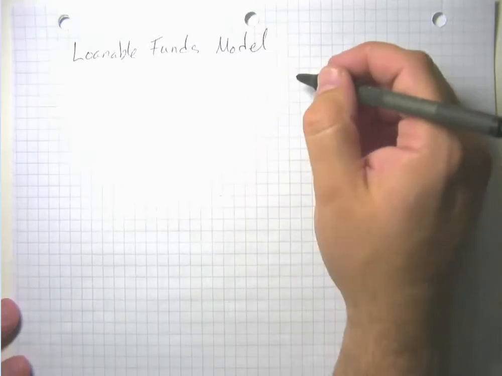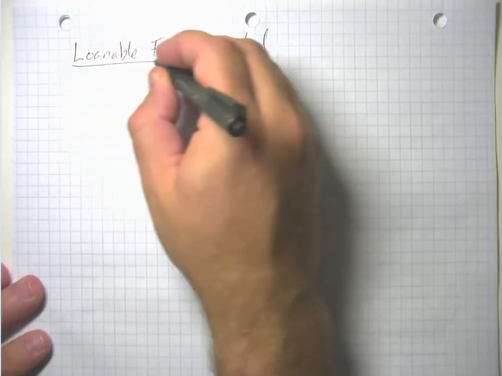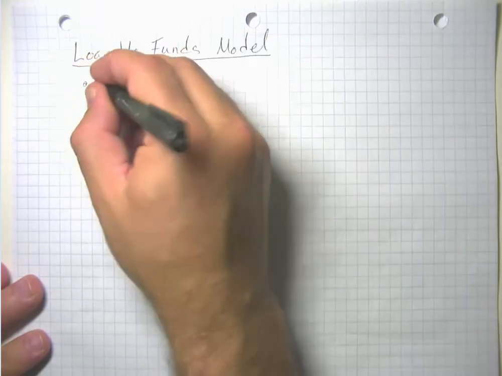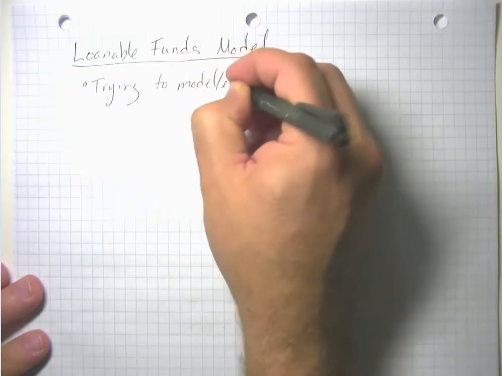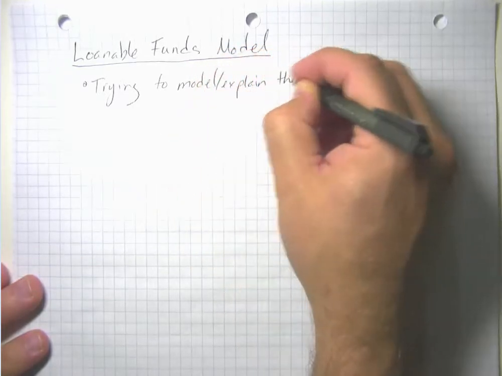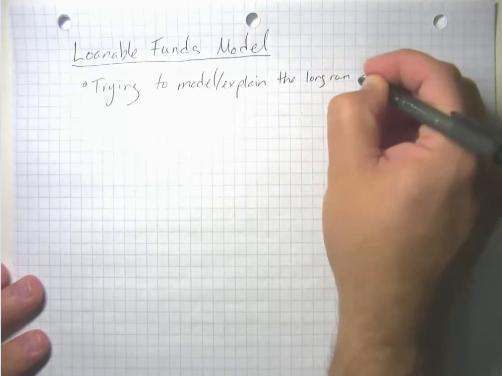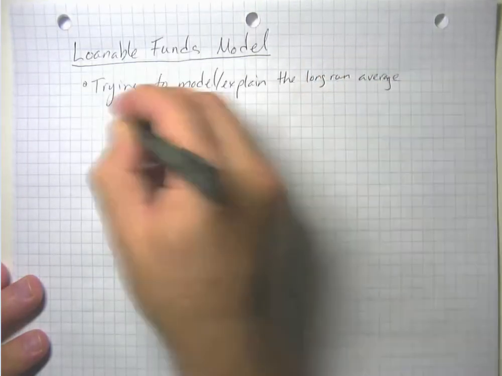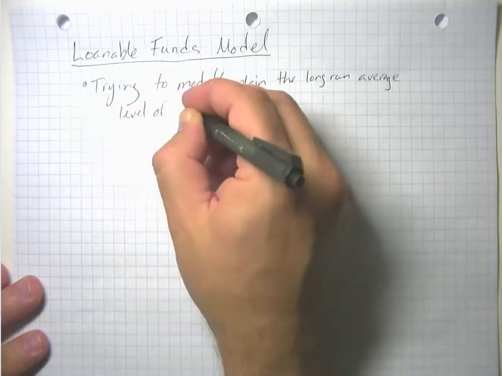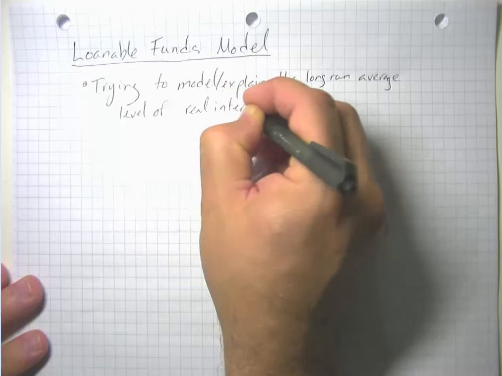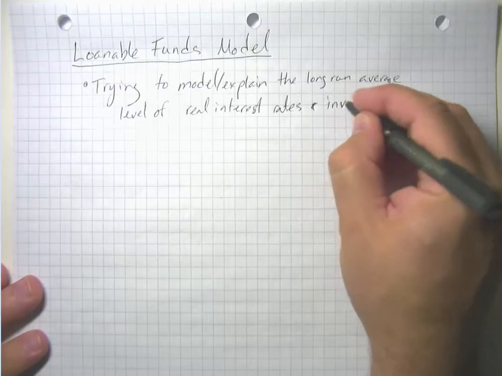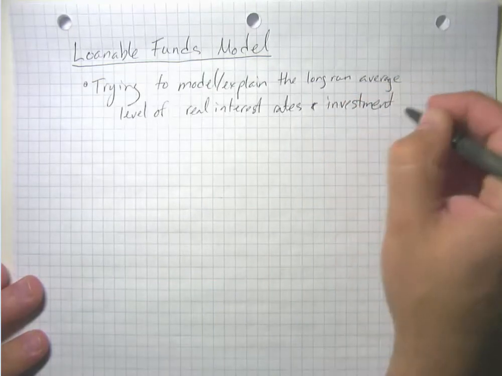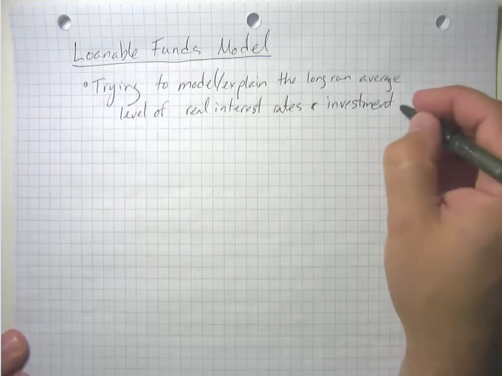So this is a super simplified version of financial markets, and we're trying to model or explain the long-run average level of real interest rates and investment spending. So our national savings equals investment model does that somewhat, but now we're going to go ahead and add some more detail.